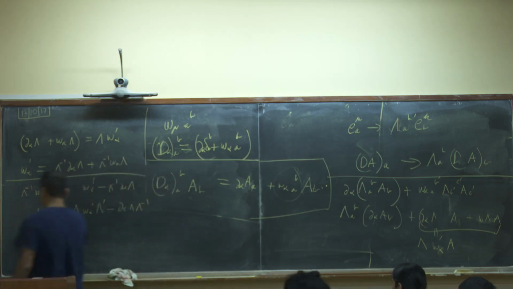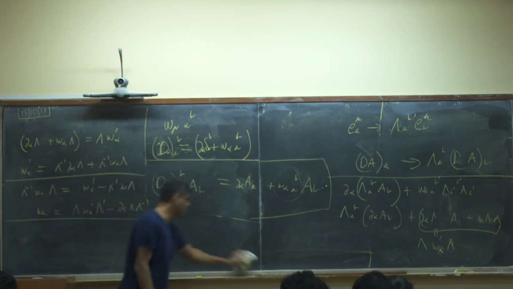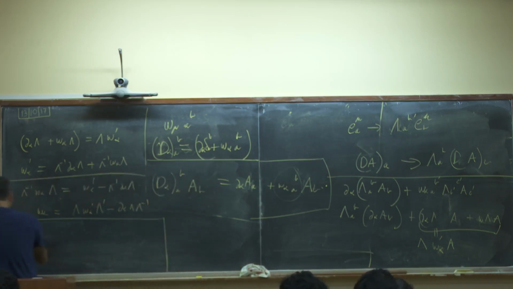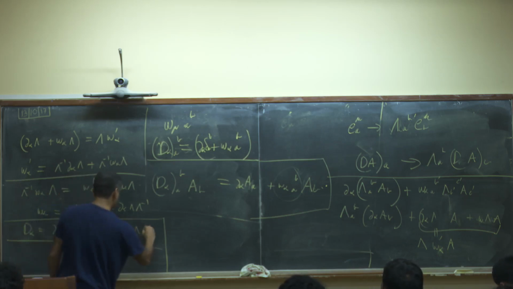So let's write it out finally. What is our final conclusion? Suppose we have D alpha is equal to del alpha plus omega alpha A, just in matrix notation. And we define A is equal to lambda A prime.